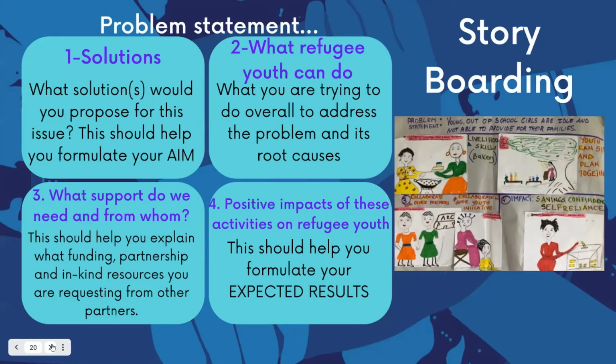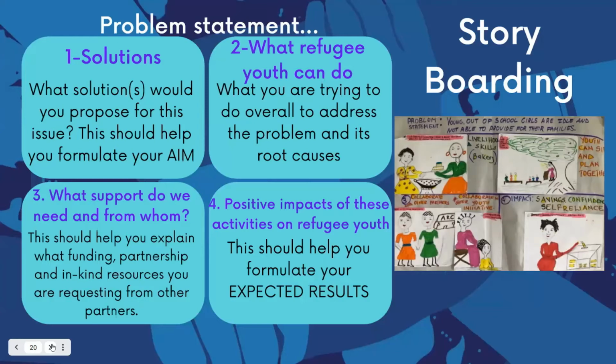So if you look at the right side of the screen right now, you'll see a quick storyboarding template that we did with a couple of different young people, and they were able to share this with us. The problem statement that they identified was that young out-of-school girls are idle and not able to provide for their families.